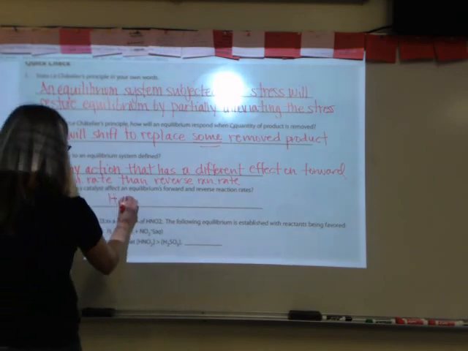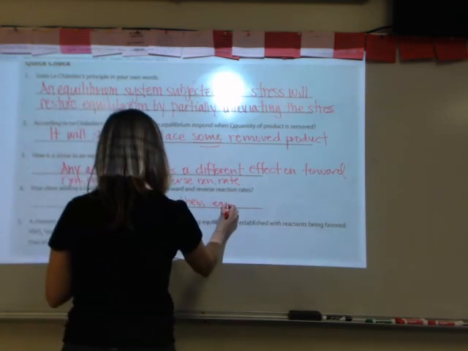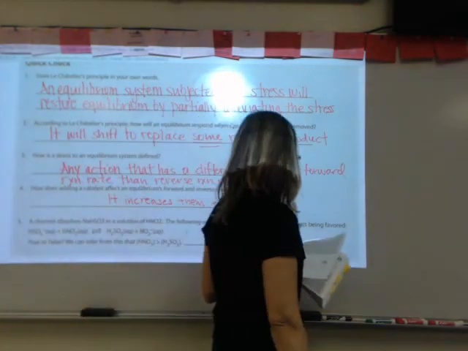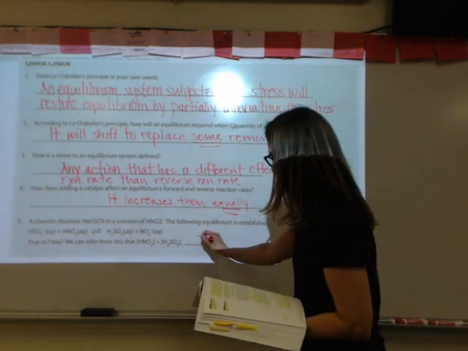Well, it increases them equally. Number 5, a chemist dissolves sodium bisulfite in a solution of nitrous acid. The following equilibrium is established with reactants being favored. True or false? We can infer from this that the concentration of HNO2 is greater than the concentration of H2SO3. That is true.